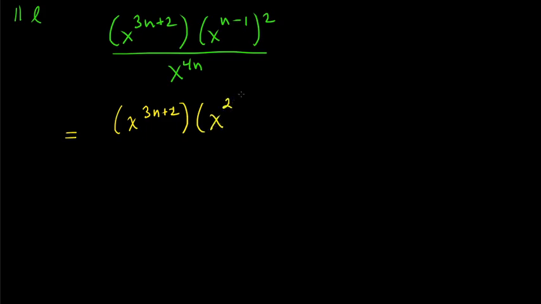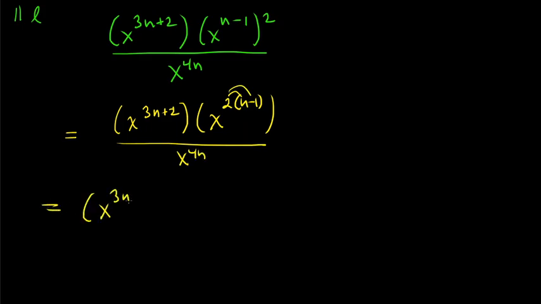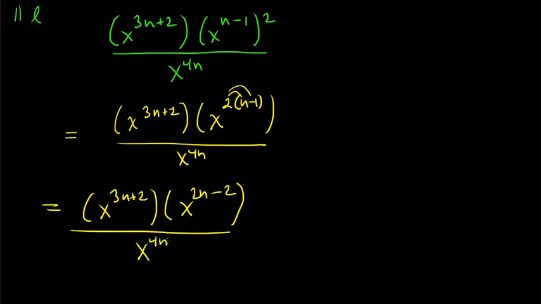This is x to the power 2 times n minus 1, right? Which is really 2n minus 2. Okay, so that's the next step. The first factor, x to the 3n plus 2 times x to the 2n minus 2, all over x to the 4n.